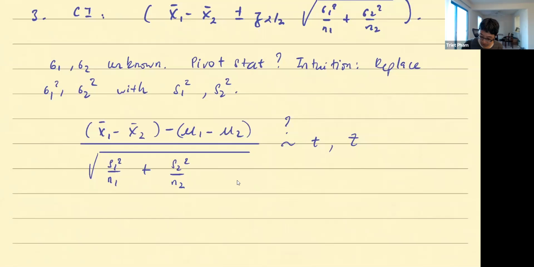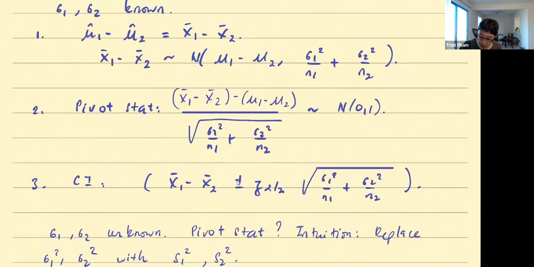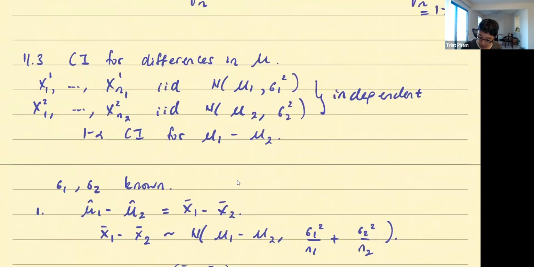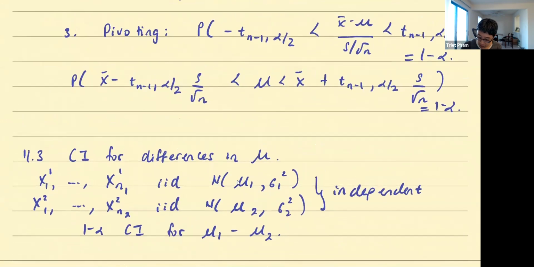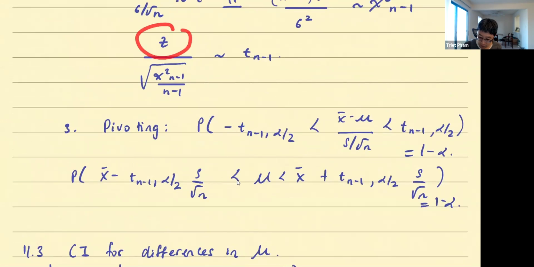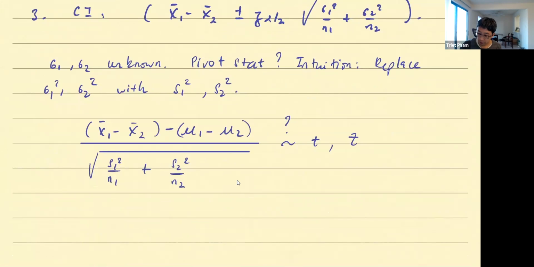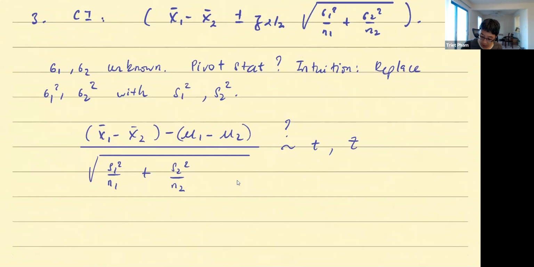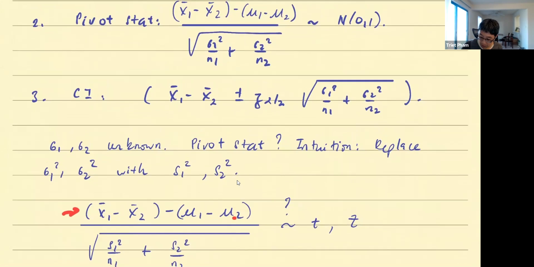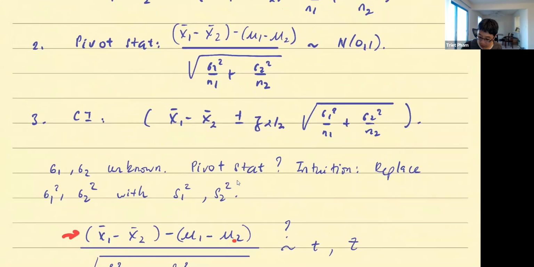Well, what does it take to have a T? To have a T distribution, you must have standard normal divided by some kind of square root of chi-square. Okay, do we have that here? It looks like we have it here because the top is some kind of normal, already mean is 0, but the variance is not 1, and we need that.